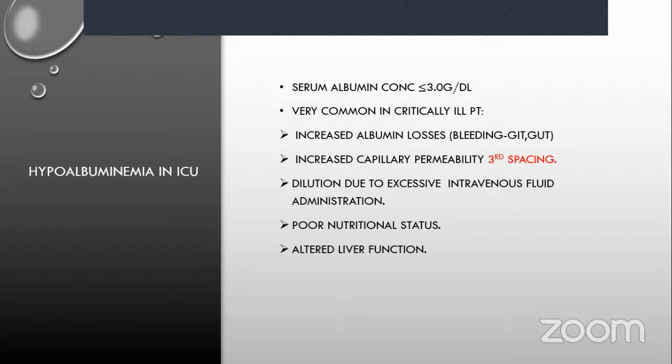Dilution due to excessive intravascular fluid administration, iatrogenically caused, okay? If you do not have end targets of your resuscitation, you're giving fluid blindly, then you may end up here. Poor nutritional status, mainly in critically ill patients, and then altered liver function. As we have seen, it is mainly produced by the liver and has no storage.